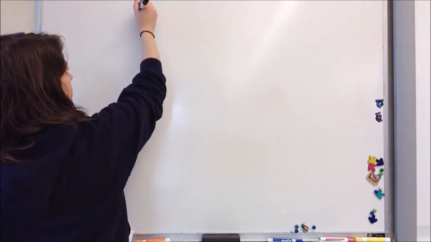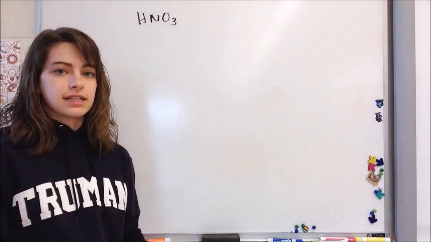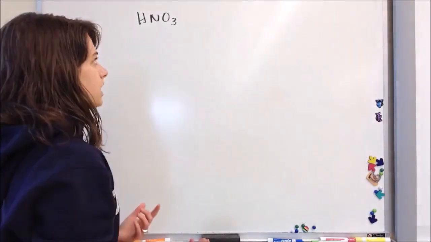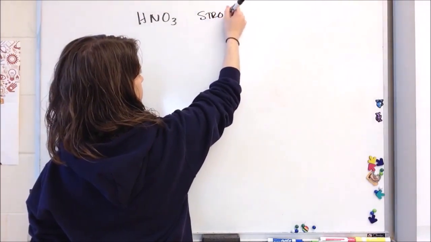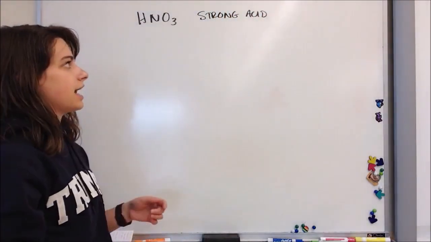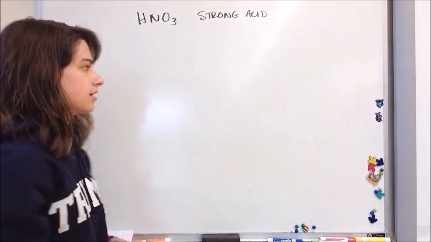My first example is HNO3. We have to decide, is this an acid or a base? Is it strong or is it weak? Well, HNO3 we know is on our list of strong acids, which means we're going to see our HNO3 dissociate, and we're going to see it produce H plus ions.